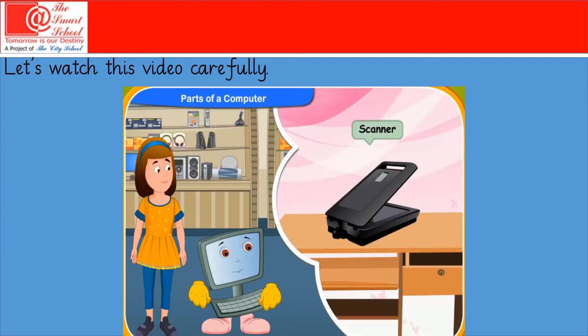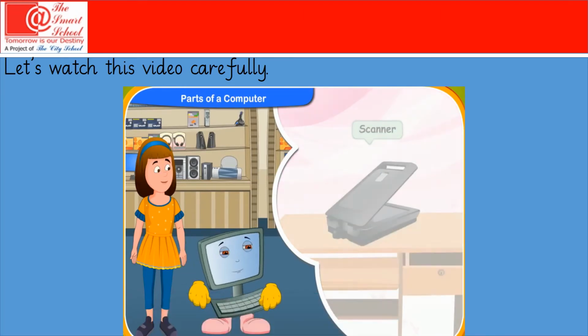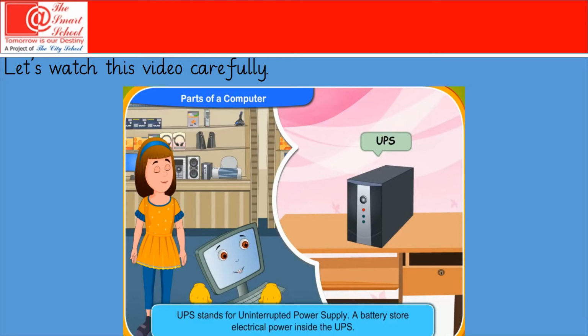What is this device, Kliko? This is a scanner. It can read words, pictures, or numbers printed on a sheet of paper and changes them into a form that a computer can understand. This is a UPS, right? Yes, it is a UPS, which stands for uninterrupted power supply.